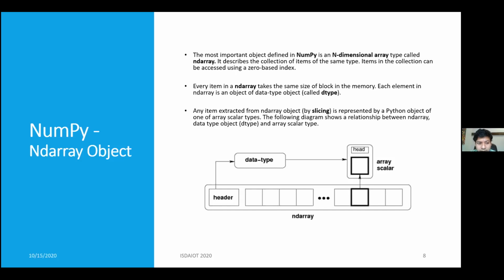So here is the key idea of this structure. This NumPy object that we call the ndarray object. The ndarray is the n-dimensional array. Its indexing starts from 0, the same as C, because this library was actually written in C. Every item in an ndarray takes the same size of block in the memory.